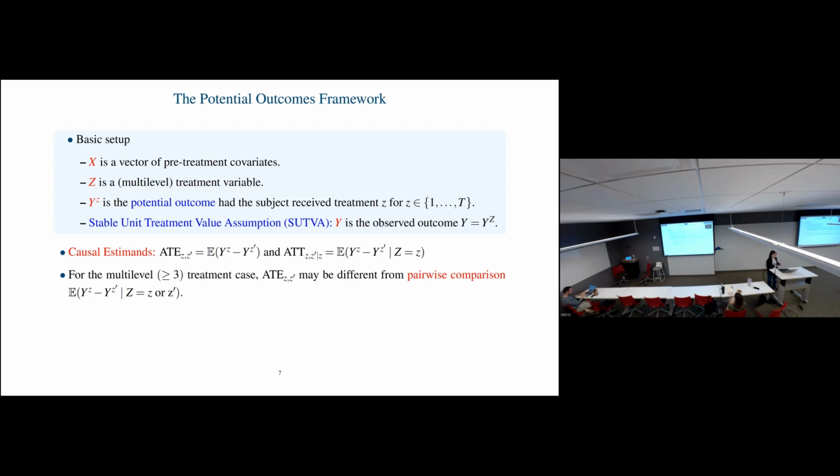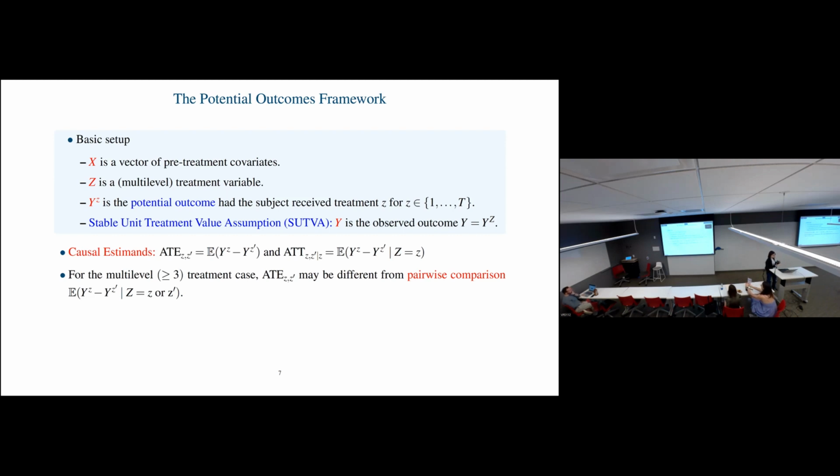But using potential outcomes is very useful because you can define what is the treatment effect very clearly. So for example, we can focus on average treatment effect comparing treatment z to z prime. So that's defined based on the expectation of Y_z minus Y_z prime, right? Without any confounding issue. And also we can define the average effect on the treated. This is defined similarly.